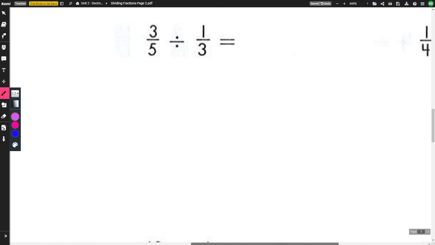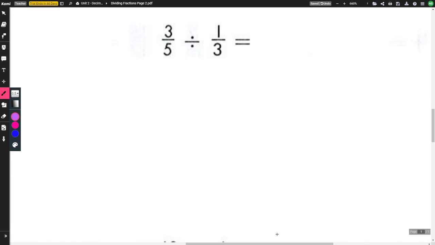Next step is 3/5 divided by 1/3. So we keep, change the multiplication, and we flip. So 3 and 1 cannot be cross-reduced because 1 is 1. Only 1 can go into it. 3 and 5, the only number that can go into both of those is 1, so we can't do anything there.